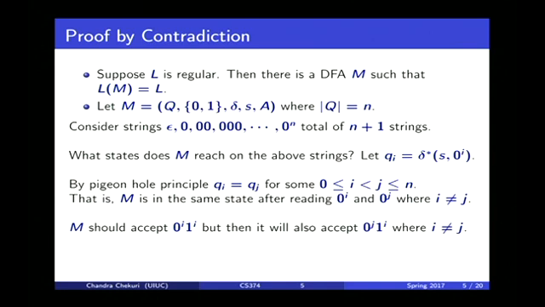Because it reached the same state after seeing 0 to the i and 0 to the j, it cannot behave differently on these two. But the language is telling us this should be accepted and this should not be accepted. But the machine is going to behave the same way for these two strings and is going to behave badly. So that's what I'm trying to prove: your machine is not correct.